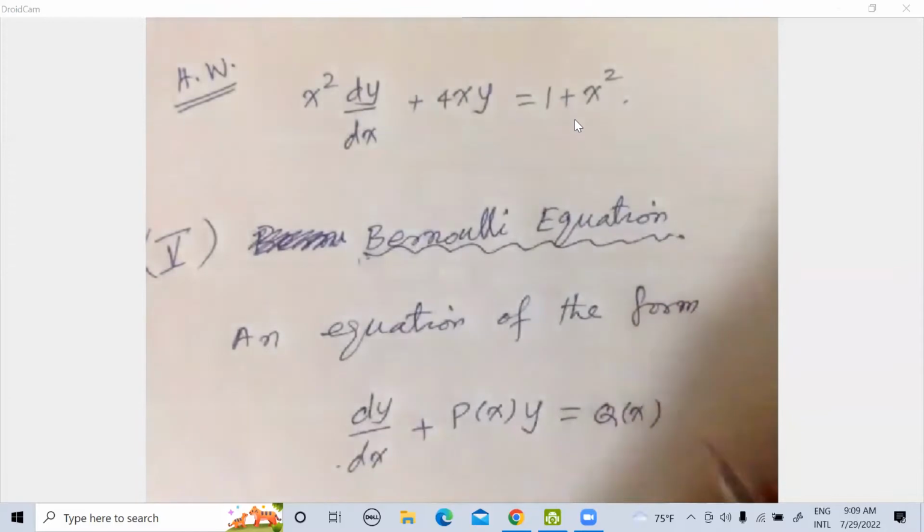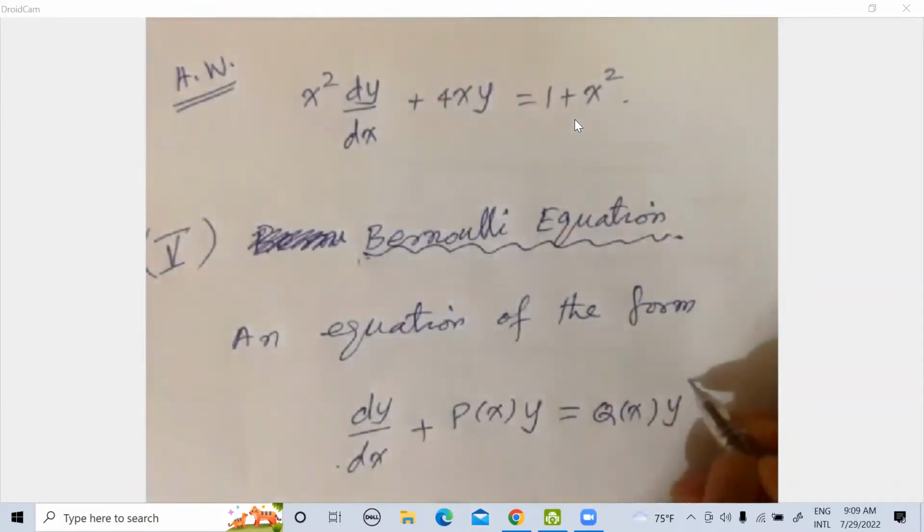The left hand side is the same, but the right hand side is this times y to the n.